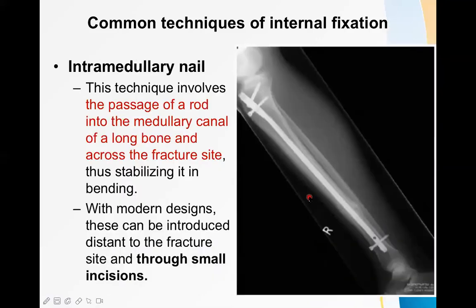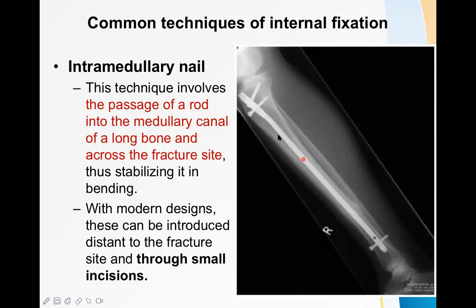Another one is an intramedullary nail. Now in the last class also we talked about this. See there, have a look here. This is an intramedullary nail, okay, a long device, and at the ends of this device it is fixed with screws. See there, okay, it is fixed with screws. So this is an intramedullary nail.